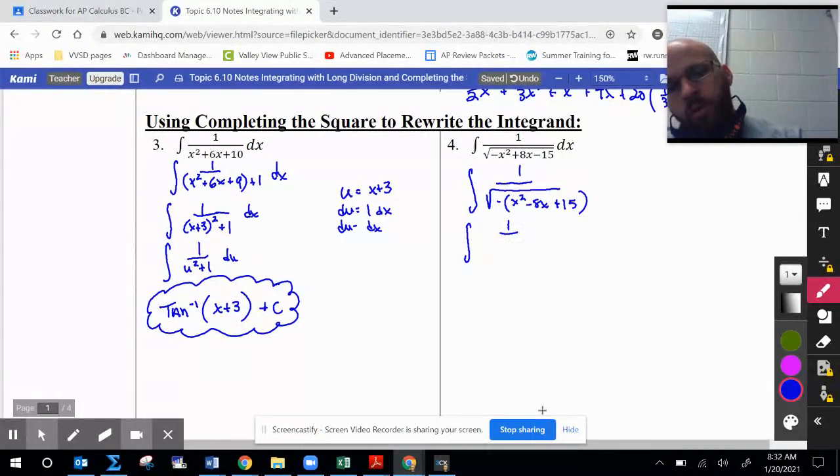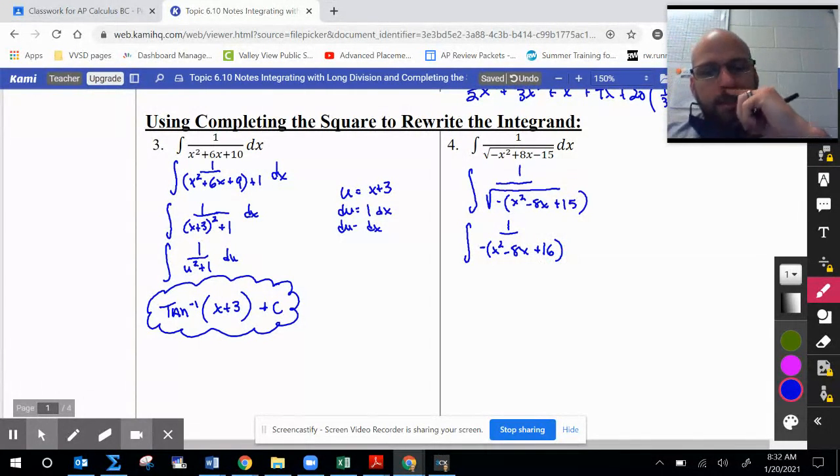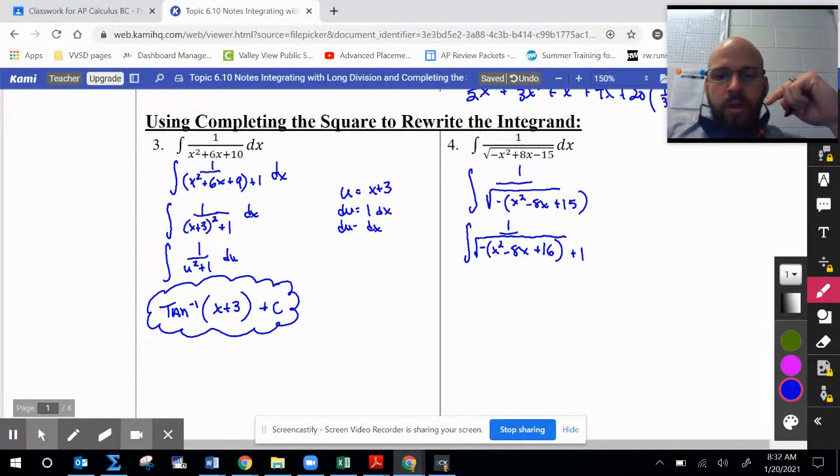So I'm going to do 1 over a negative x squared minus 8x. And in order to have an 8x in the middle, my perfect square trinomial would be a plus 16. So if you notice, these aren't equivalent right now. Right now I have an extra negative in the denominator. I have a negative 1, so I need to add 1. All right. So now if you were to distribute and combine like terms, you would get to the same. They would be equivalent statements.